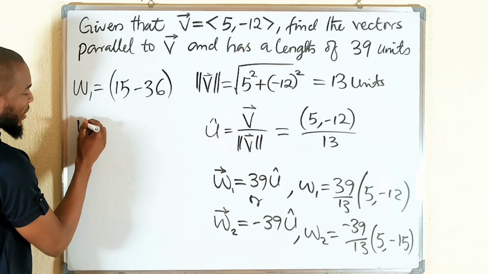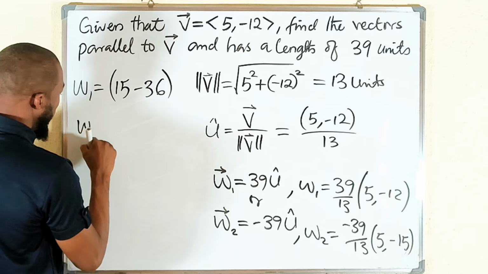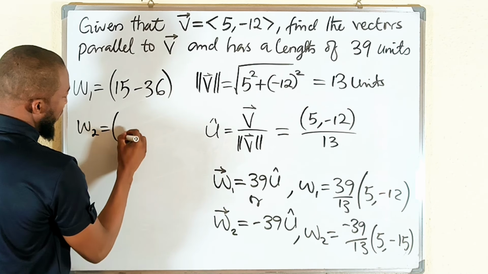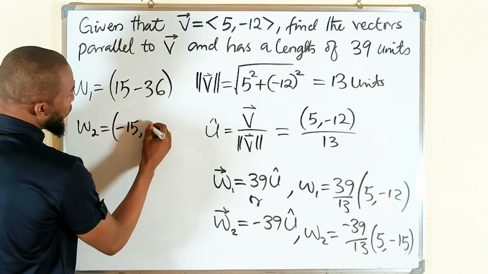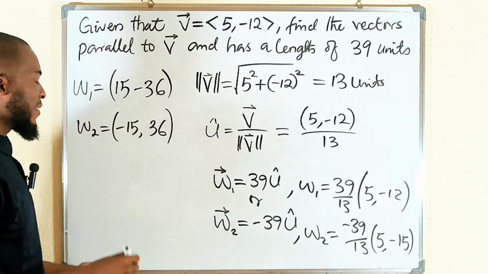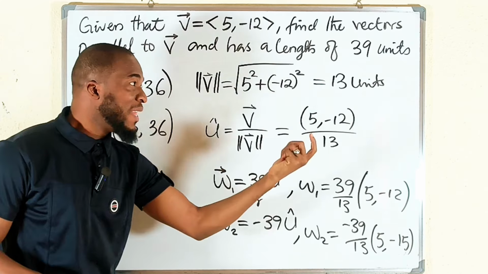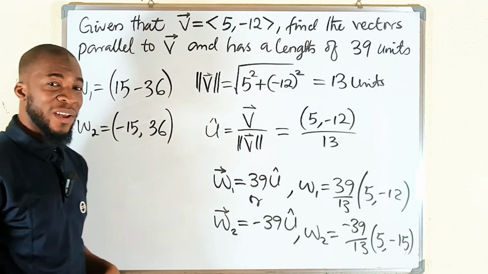This is the first one. And the second one, remember, is just a difference of sign. This is negative 15 and this is positive 36. So these are the two vectors that are parallel to this particular vector with a length of 39 units.